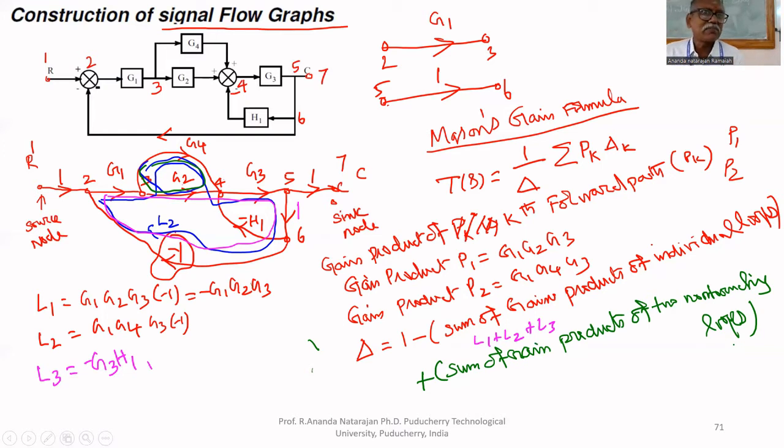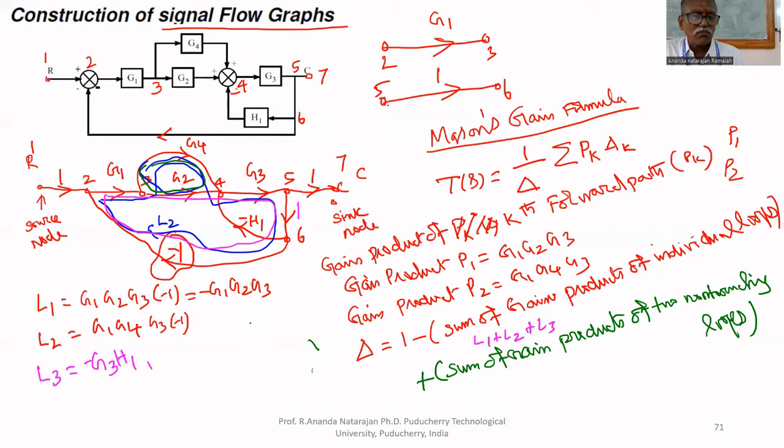That's why you cannot take. Have you understood this point? L2, L3, if you take, they are also touching. Therefore, they are not non-touching loops. If you take L1 and L3, they are touching each other. Therefore, you cannot take. Therefore, the second term, the green term, you won't get.